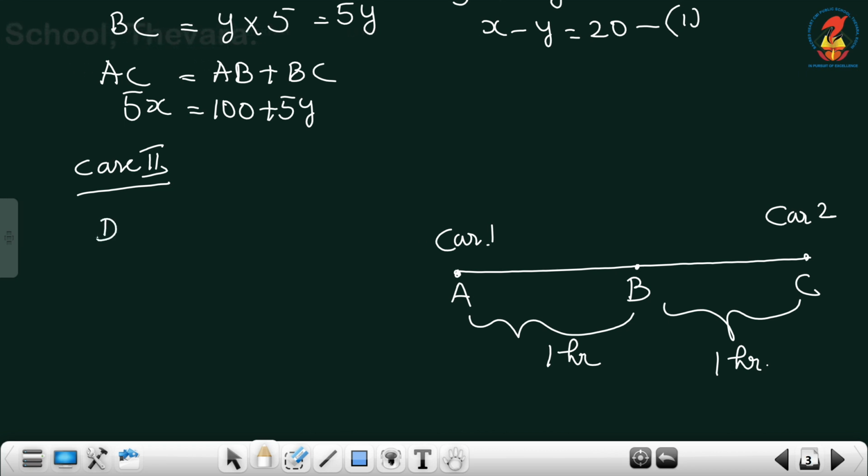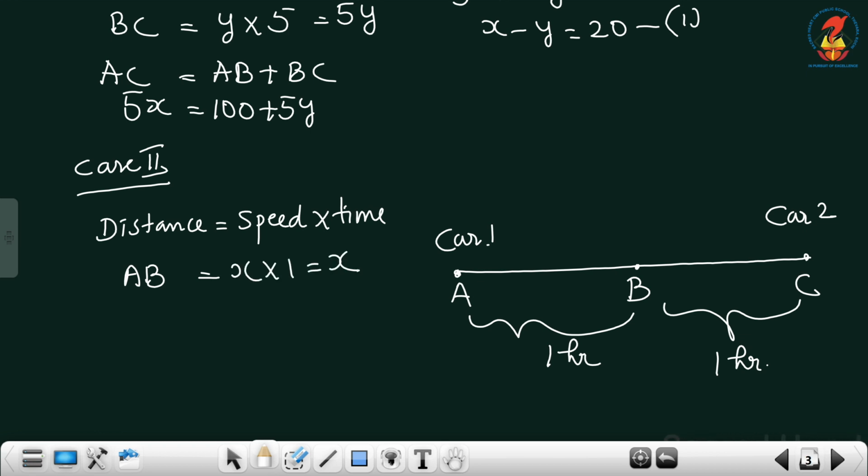First, distance equal to speed into time. Distance AB, first car AB, speed x into 1, that is x.